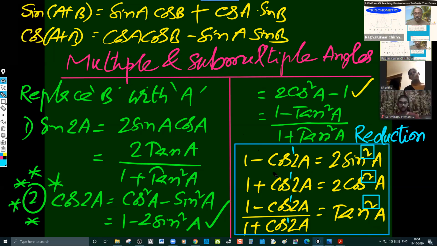Maurya, this is very important. Whenever you come across 1 minus cos 2a, immediately you have to say 2 sine square a. Whenever you come across 1 plus cos 2a, immediately you have to say 2 cos square a. Whenever you divide one with the other, 1 minus cos 2a by 1 plus cos 2a, the division of these two obviously gives you tan square a. That is the prominence of cos 2a.